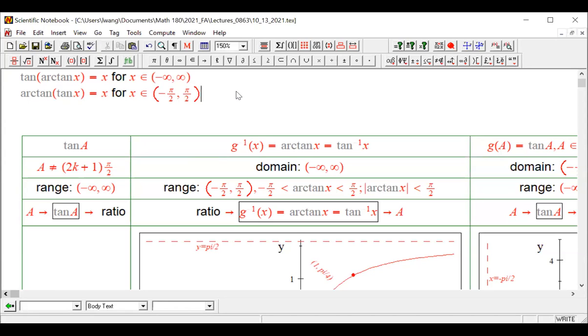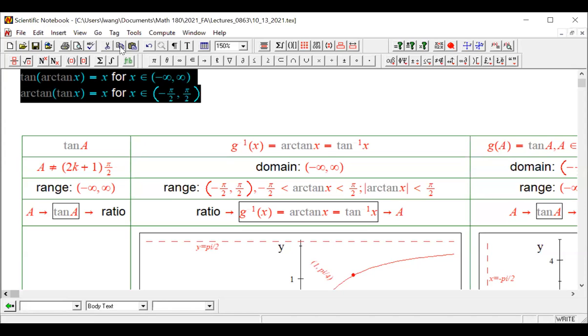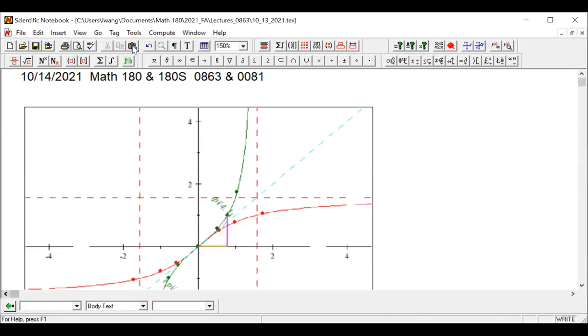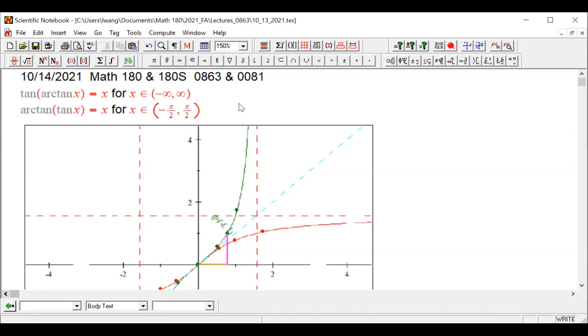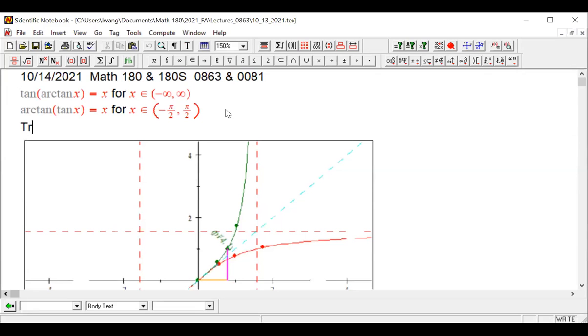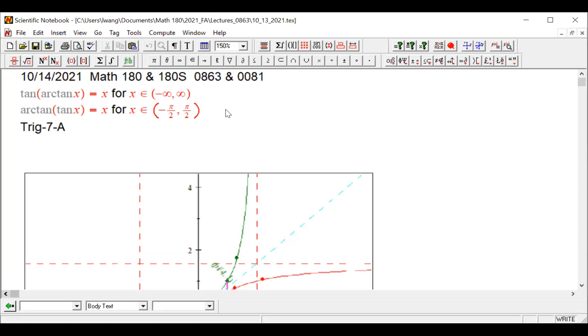Okay, so with this understanding, let's touch a couple questions in trig 7a. Now we can do the tangent.